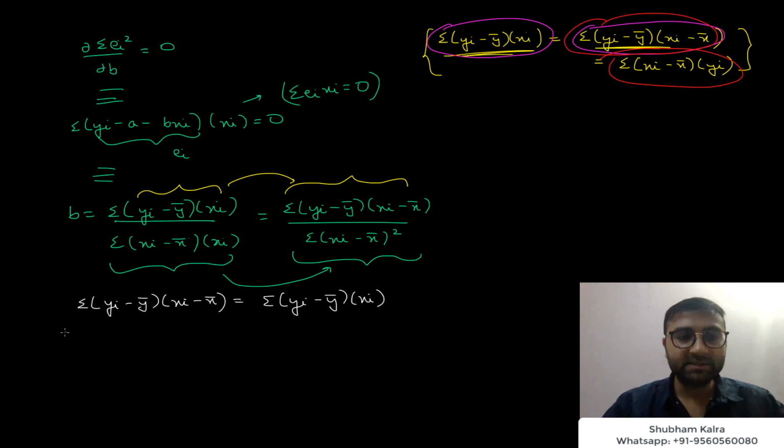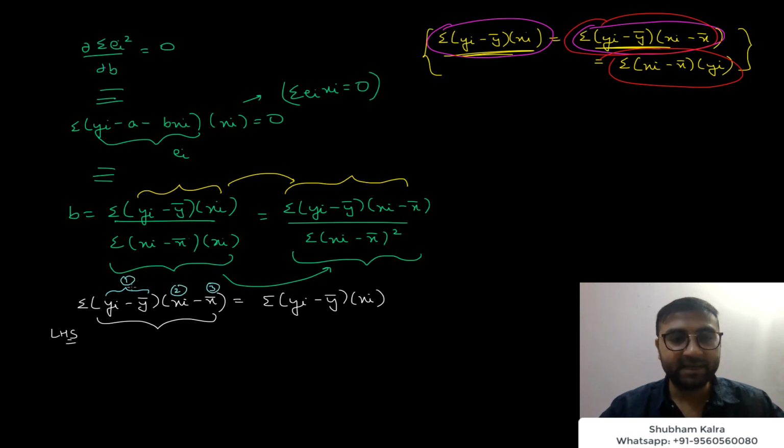Okay, to show you this, I'm going to start with the left hand side, which is this, right? And then we will show that this is actually equal to the right hand side. So on the left hand side, I have one term over here, so I'm just taking this as one term. This is my second term and this is my third term. So if I'm going to multiply, I'll have to multiply this with this and then this and this, right? So let's do the multiplication.